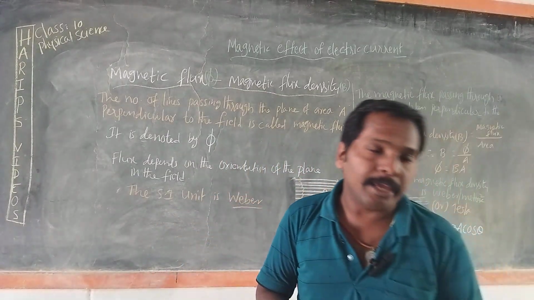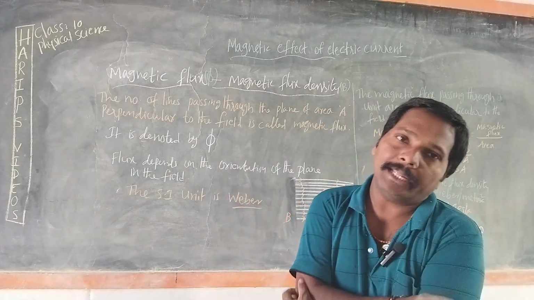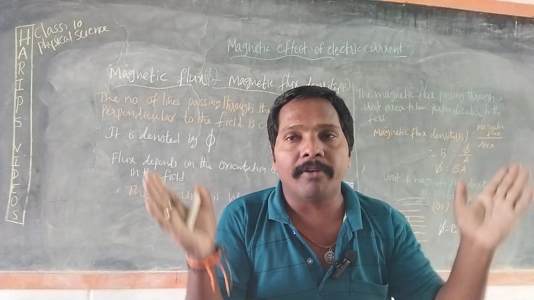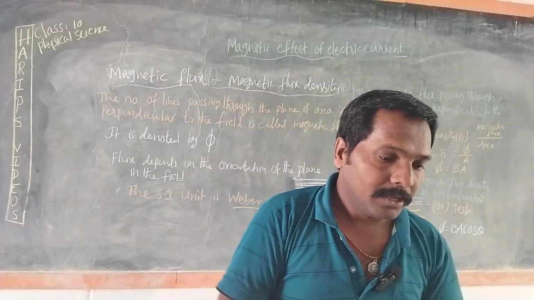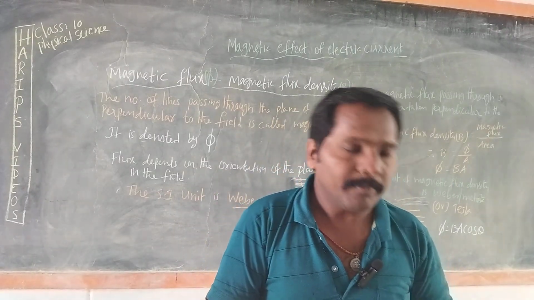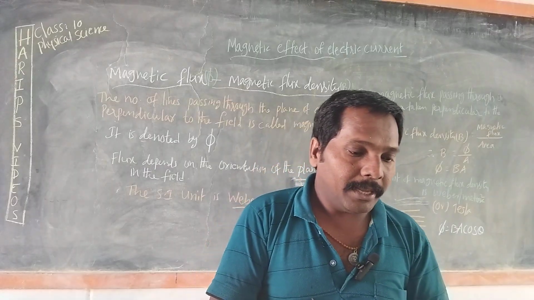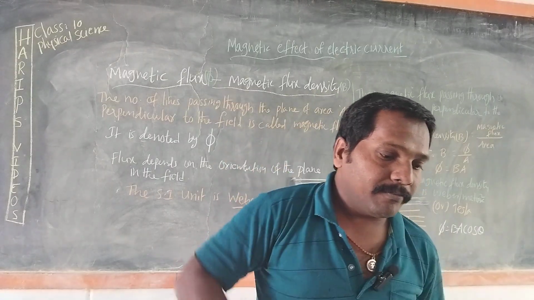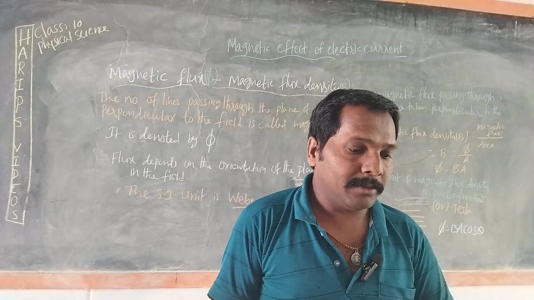Consider a uniform magnetic field in a space. Imagine a plane of a certain area placed perpendicular to the field at a certain point.